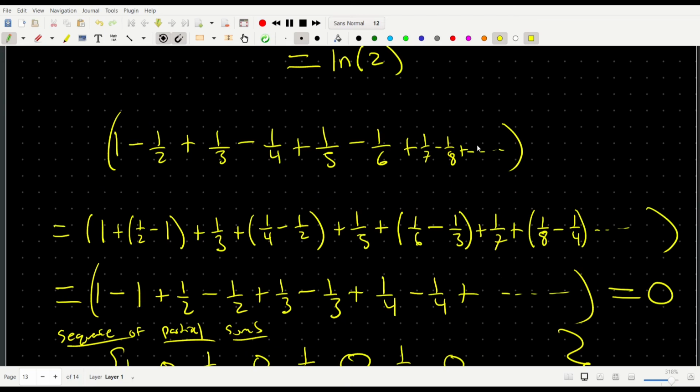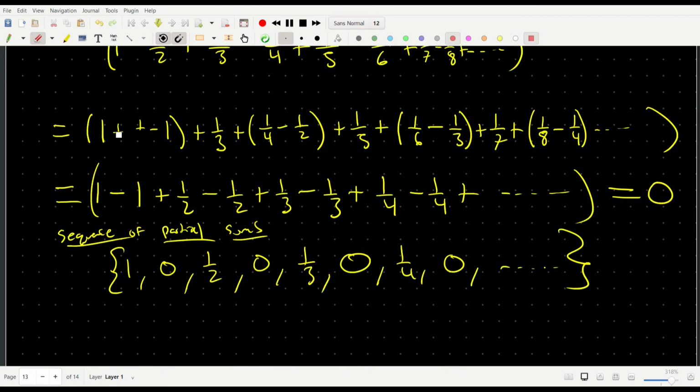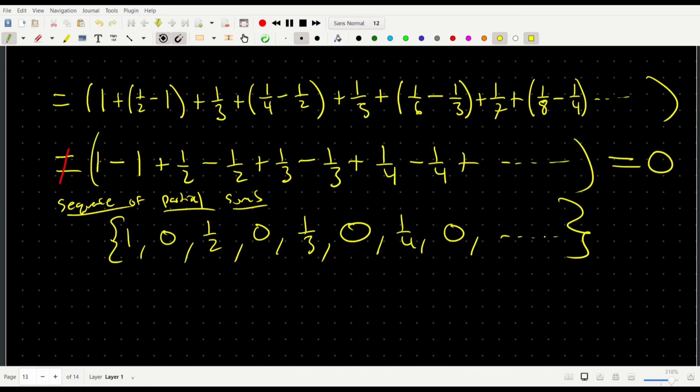And this is essentially what this rearrangement theorem is saying. It's saying that we cannot do stuff like this without changing the actual series. So the thing that's wrong here is that going from this line right here to the next line, these two things are not equal to one another, because what the rearrangement theorem is saying is that when we change the order of these additions in the partial sums, we are changing the thing that the series actually converges to in a conditionally convergent series.